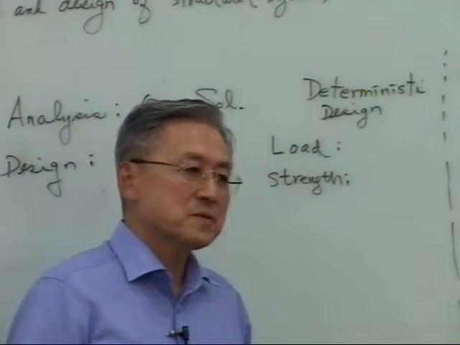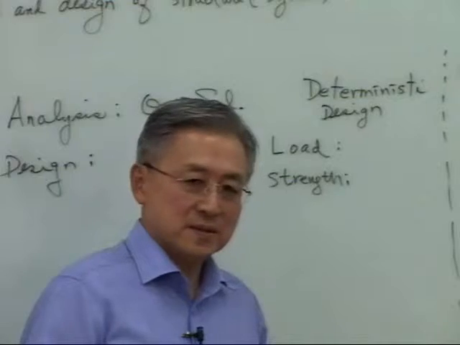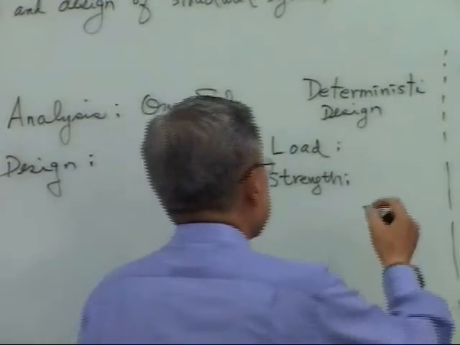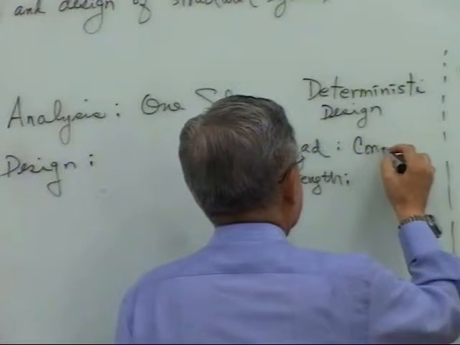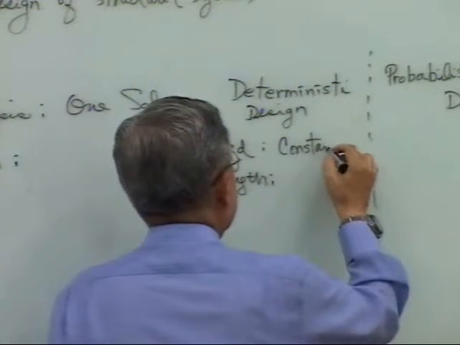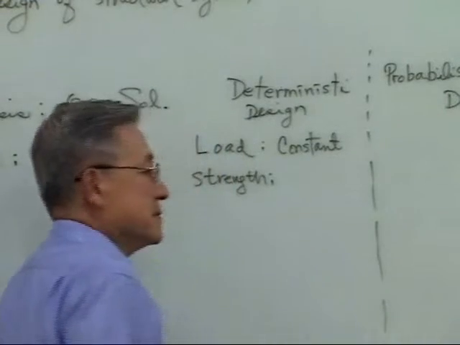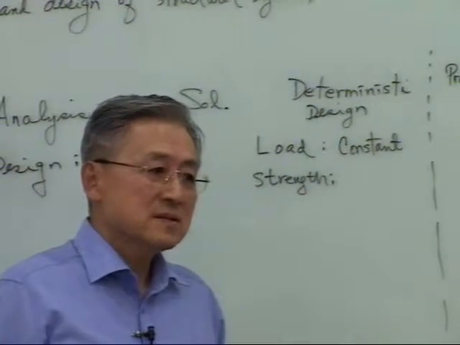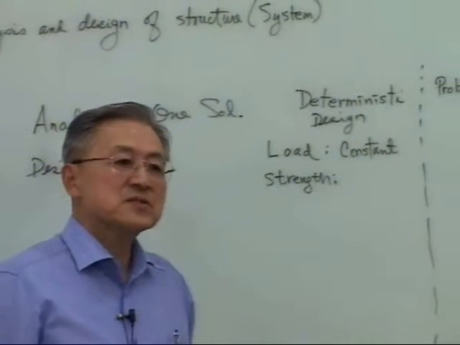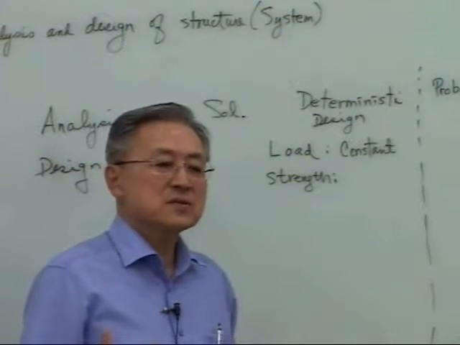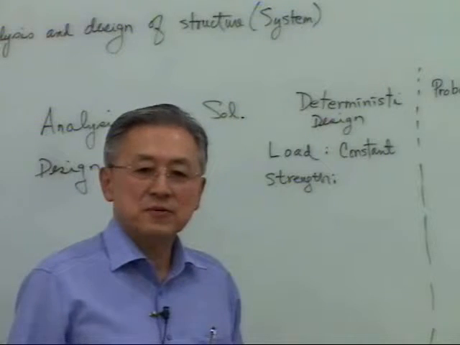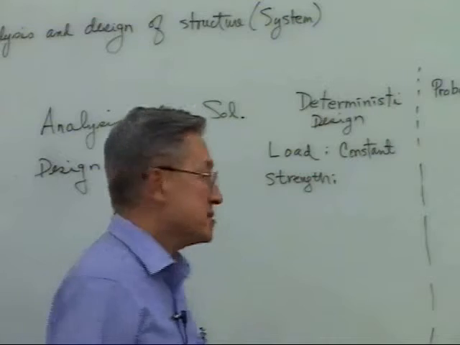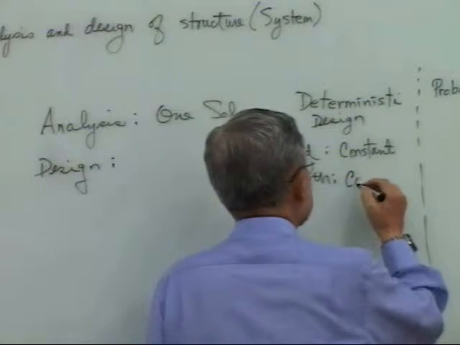A dynamic model, of course, has time-domain parameters. But let's say load is constant. And the strengths, of course, a constant. That's a deterministic design. There's no statistical variation for strength and load, dealing with constants.